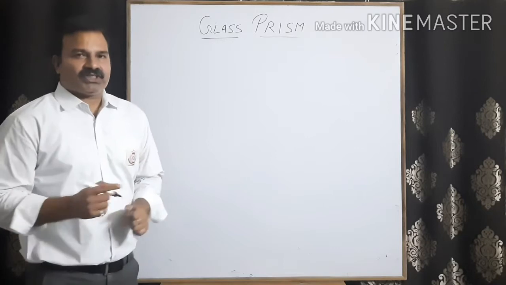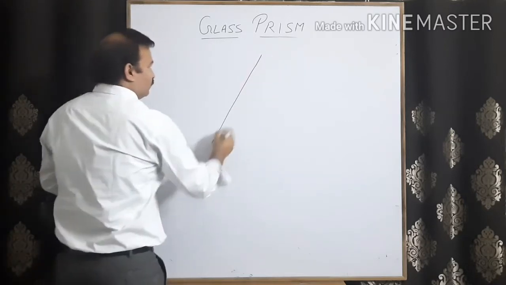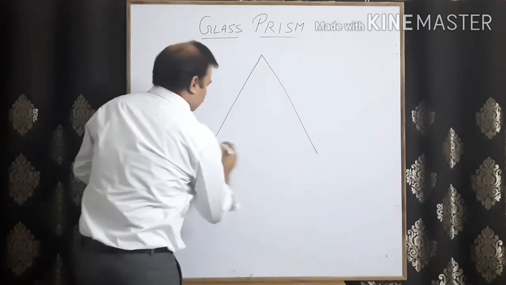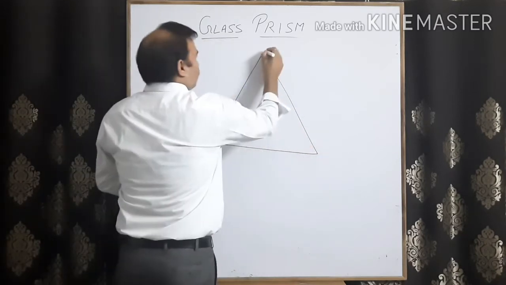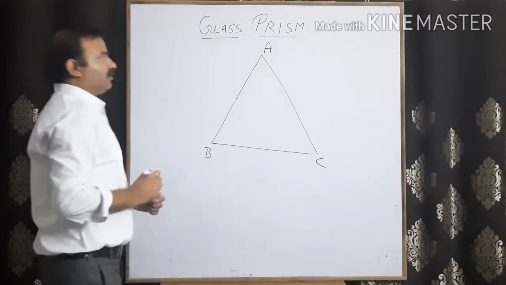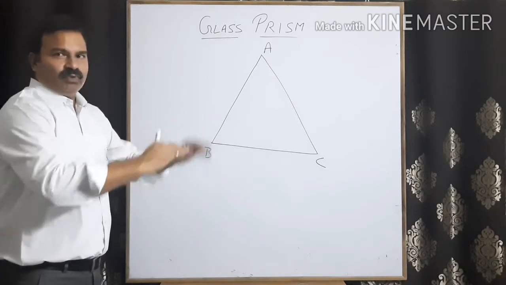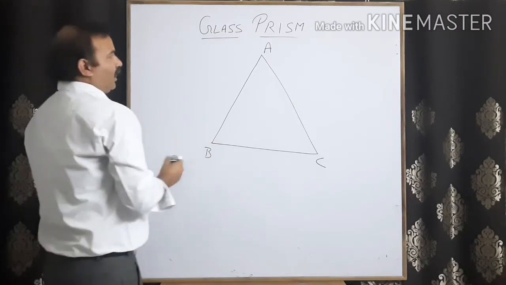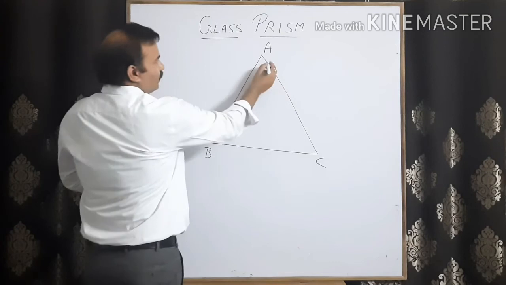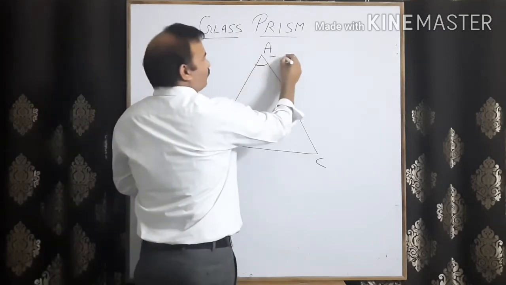I'll show you the refraction through a prism. Let ABC be a prism, which is basically the top view of the prism. Now, the angle between the faces is known as the angle of prism.